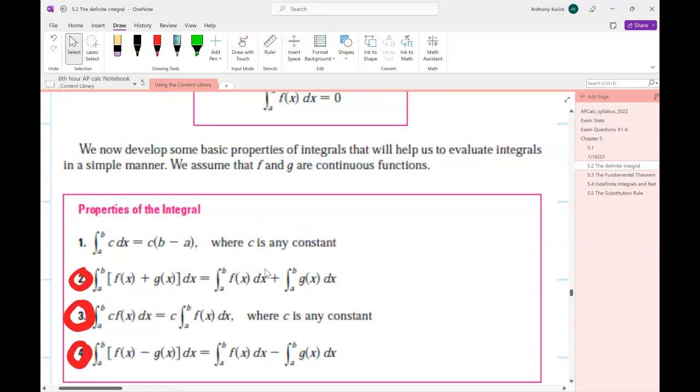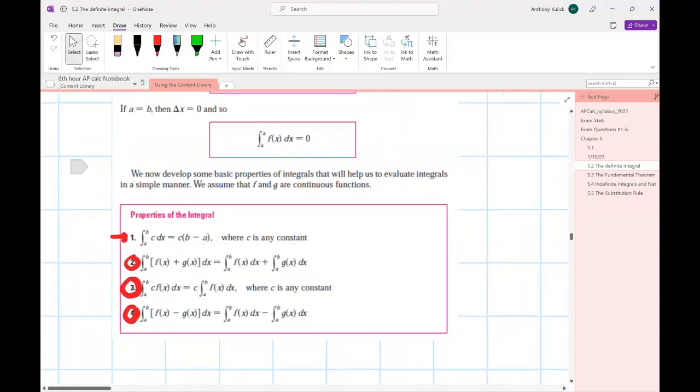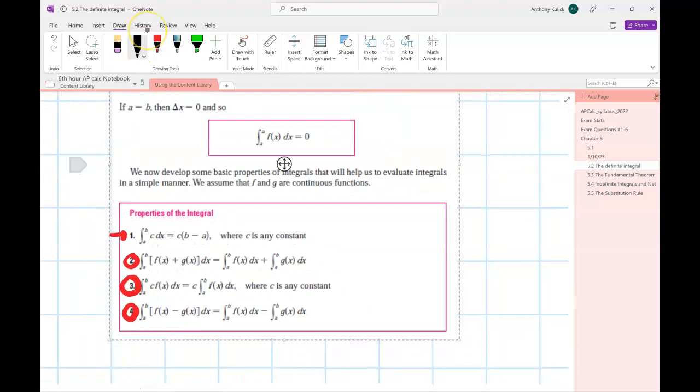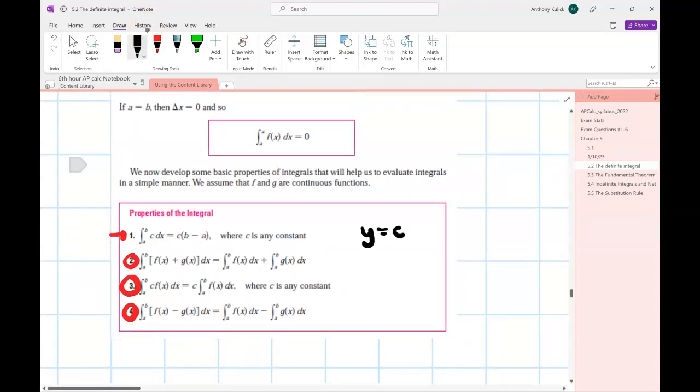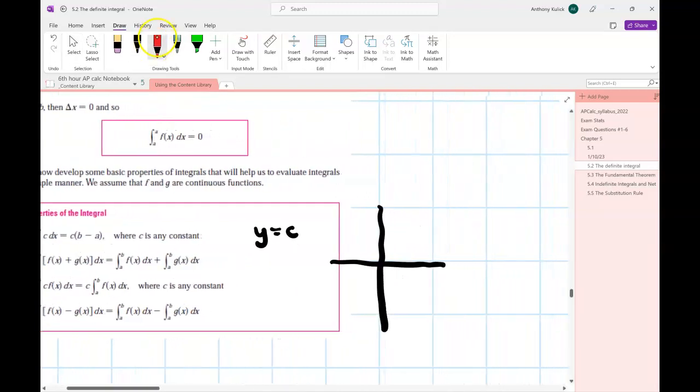Where are we going now? The one property that maybe requires a little bit of explanation is this one. So here, our function is like y equals c. What's the graph of y equals c look like? It's a horizontal line.